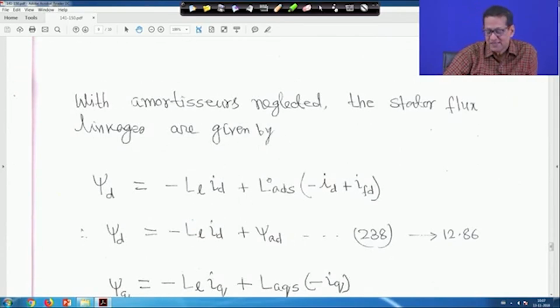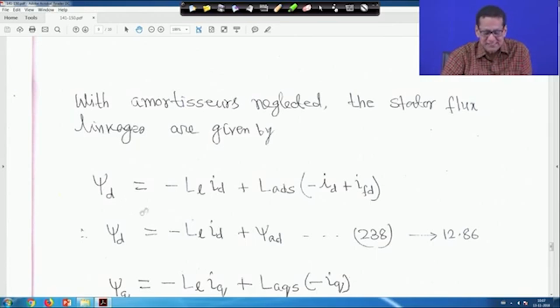If I recall correctly, you go to figure 20A. From figure 20A, where the analogous circuit is given, flux, then inductance, then current. So, with armature resistance neglected, the stator flux linkages are given by this. You go to figure 20, which you have left before.